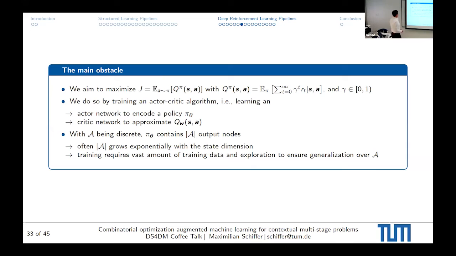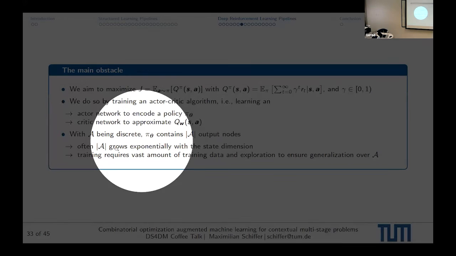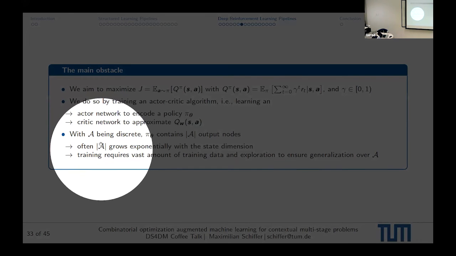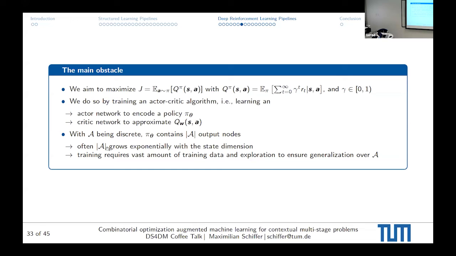Then if A is discrete, our pi, so the neural network that encodes our policy, contains the cardinality of A output nodes, which is not so nice, right? So that gets a rather large thing. And then we have the problem I already mentioned, is that the cardinality of A grows exponentially with the state dimension.